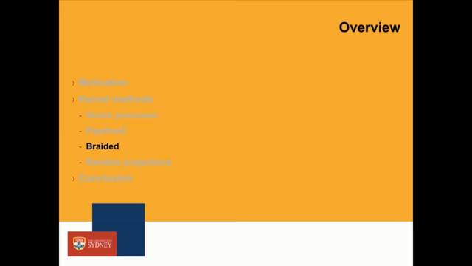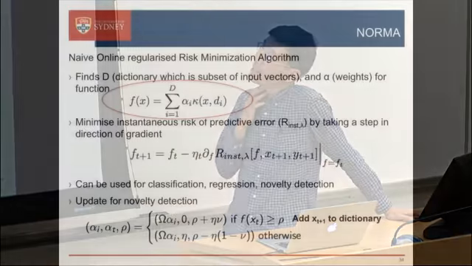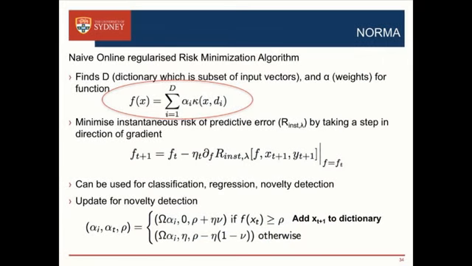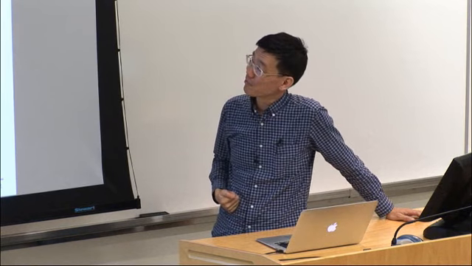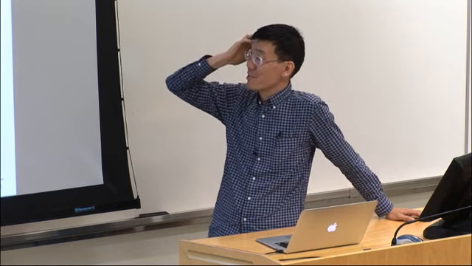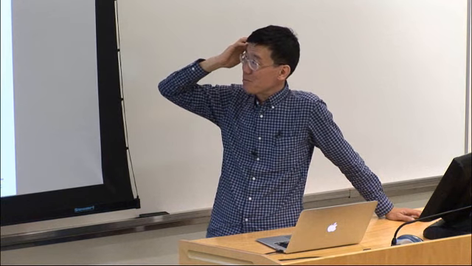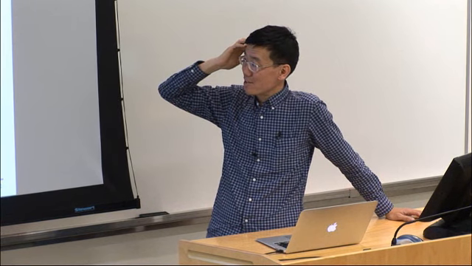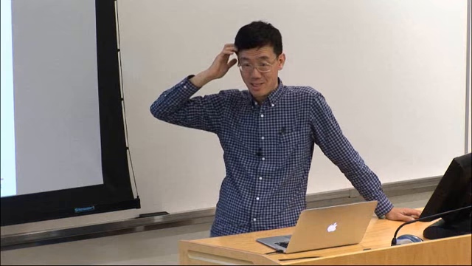Now I'll talk about a braided implementation. Because these were three different pieces of work over three different students, exploring different algorithms, we implemented a different algorithm called NORMA. NORMA is almost the same as the previous implementation, in that the algorithms are of very similar style.